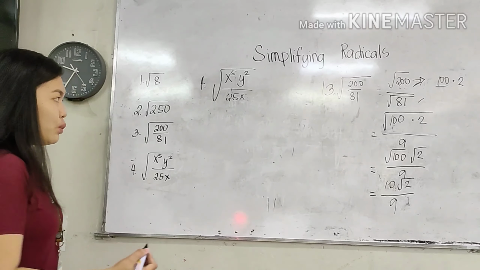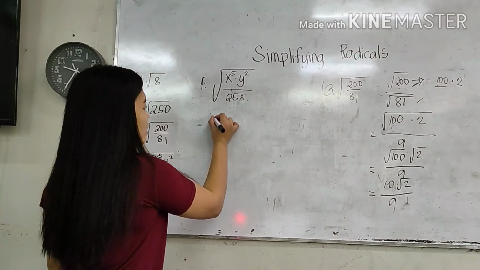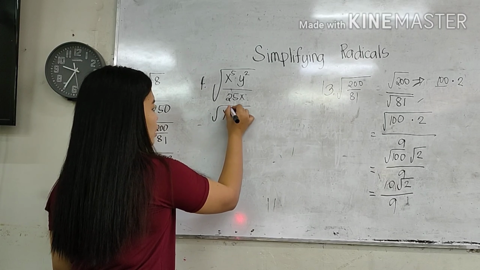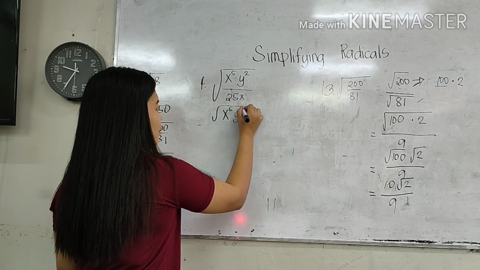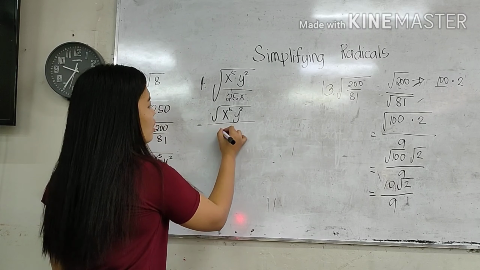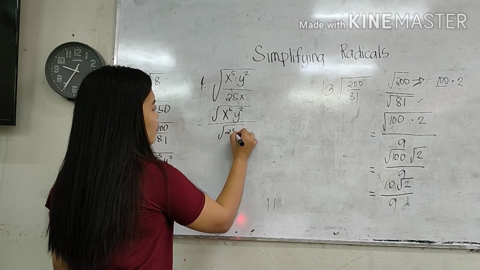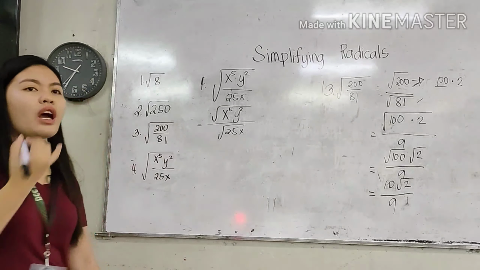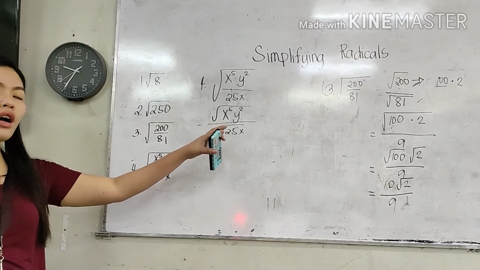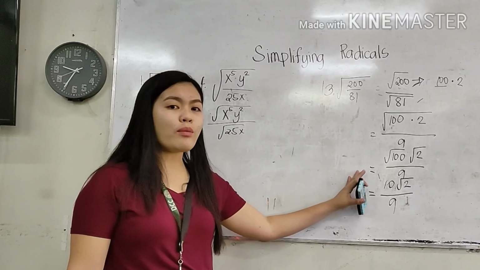What we are going to do here is to get the square root of the numerator and the square root of the denominator. Now we have a more complex problem than the previous ones.